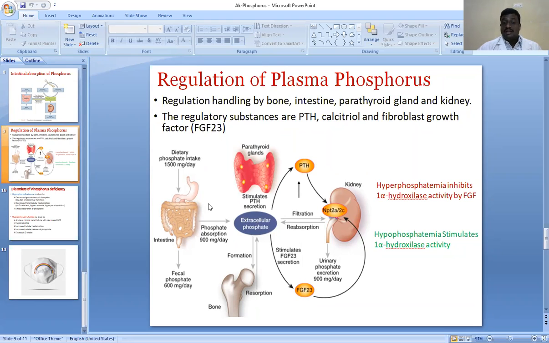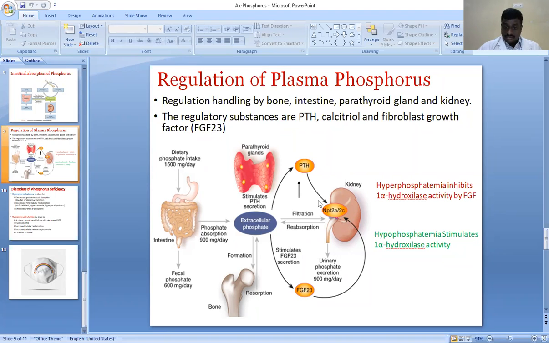Whenever it reaches the intestine, more absorption of the phosphate takes place in the intestine. So hypophosphatemia increases 1 alpha hydroxylase activity, which releases more vitamin D3 in the kidney.